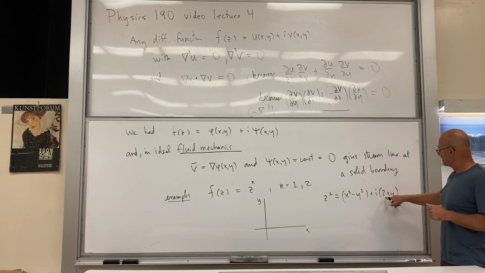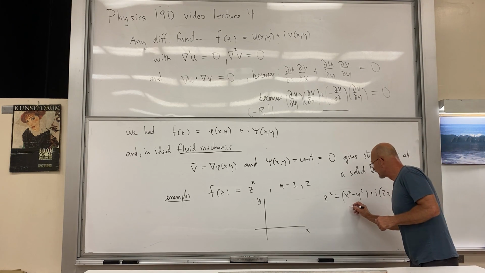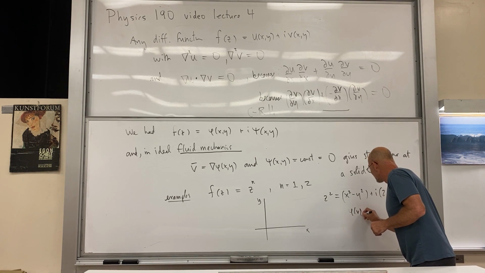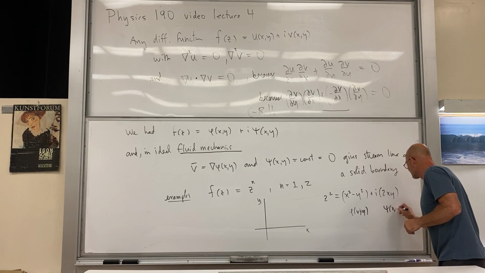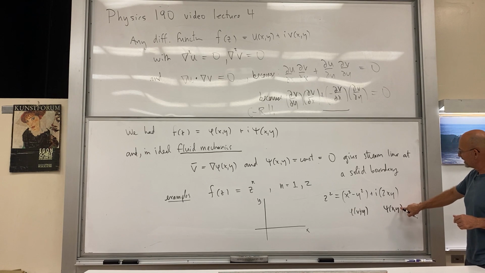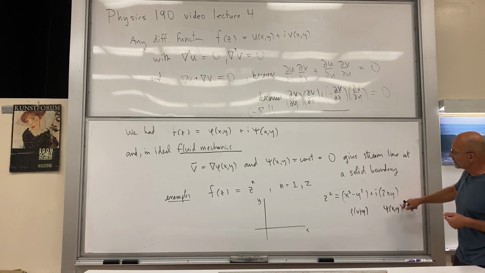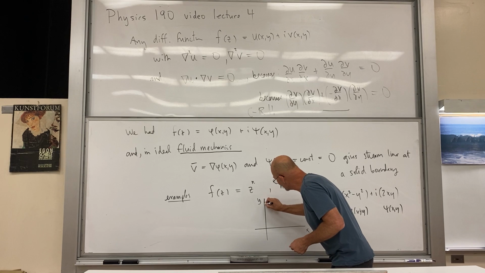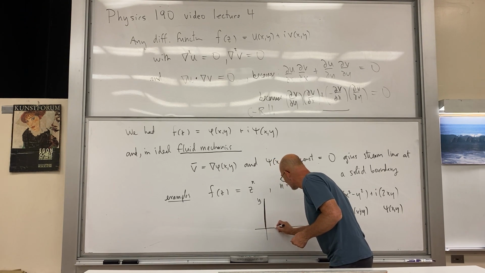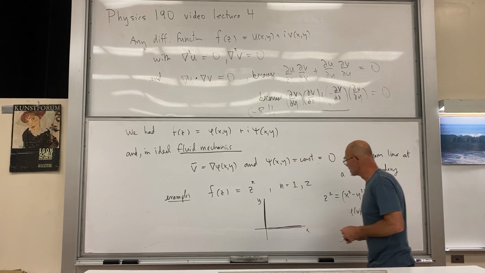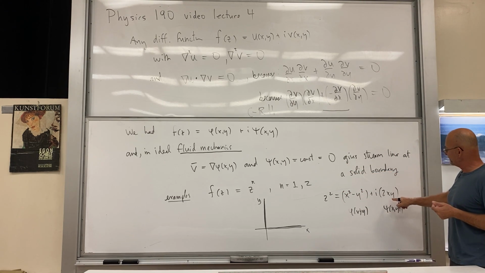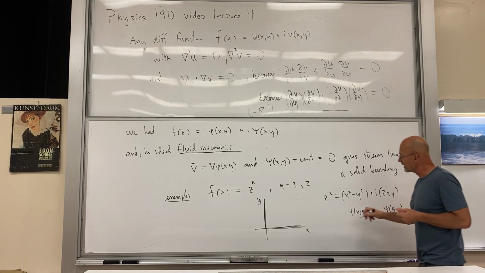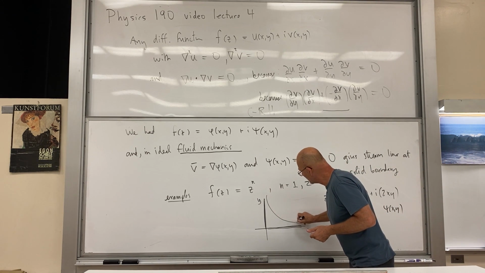And then we had this function, right? So this was phi of x and y, and this was psi of x and y. So this function took on the value 0 at x equals 0 and y equals 0. So we're in the first quadrant, and then these streamlines are like this.